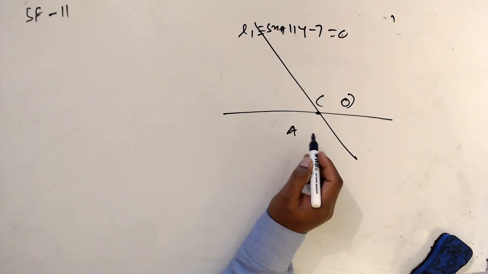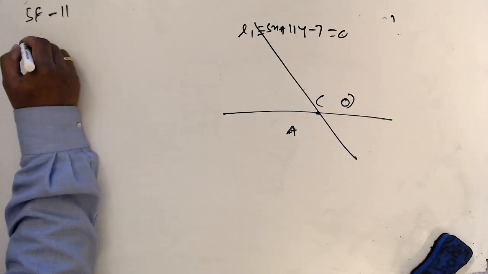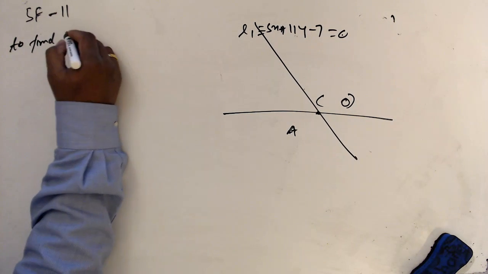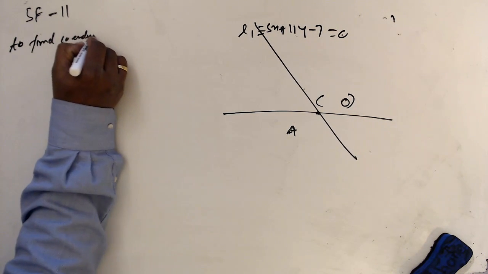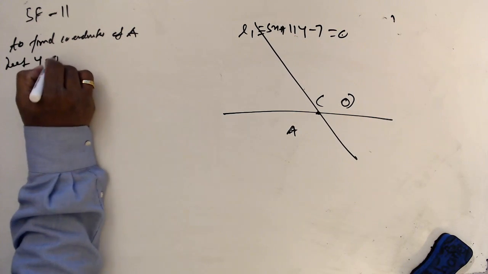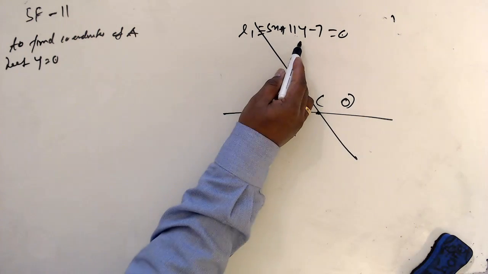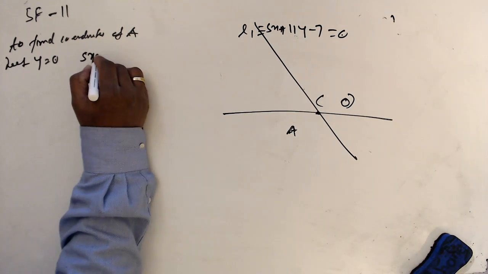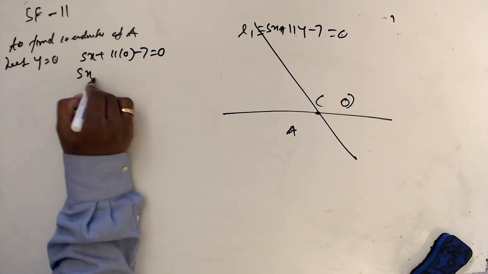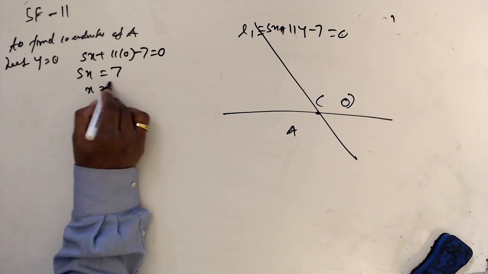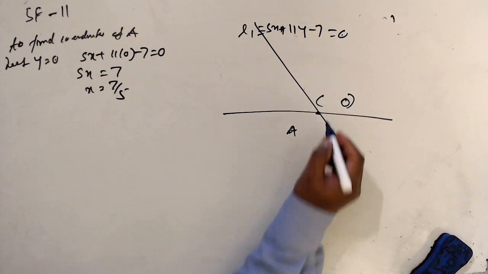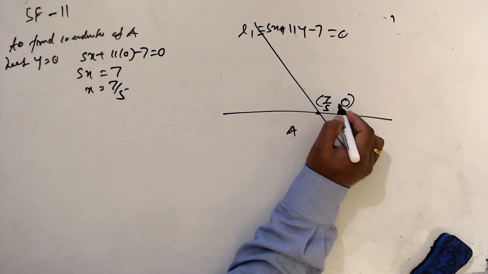Now I want to find the coordinates of A. To find the coordinates of A, let y equal 0. Then 5x plus 11 times 0 minus 7 equals 0, so 5x equals 7, x equals 7 over 5. So this point is (7/5, 0).